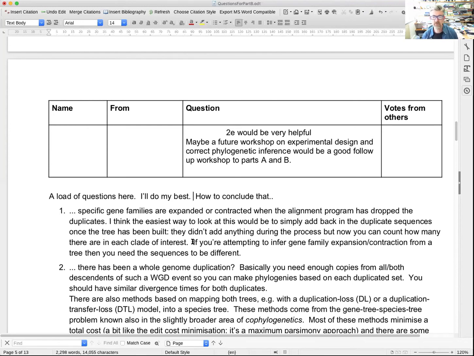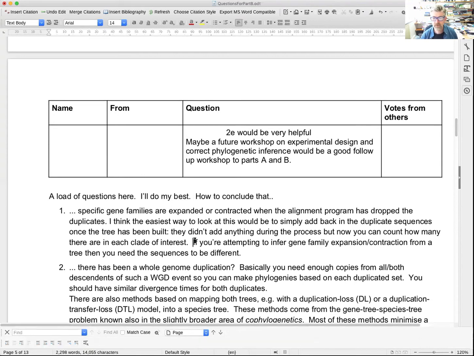If you simply don't get all of the genes that are homologous, that all have the same evolutionary history as the species, then you may well get the gene phylogeny right, but it won't match the species phylogeny. So it's quite tricky to do. I think if you're trying to infer gene family expansion and contraction from a tree, then you kind of need those sequences to be different.